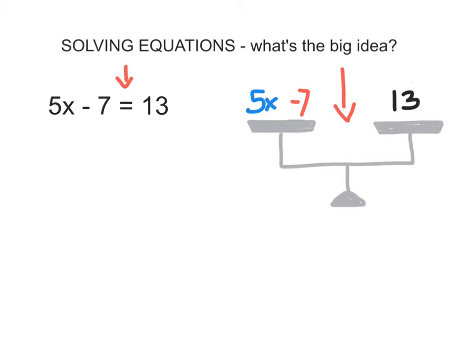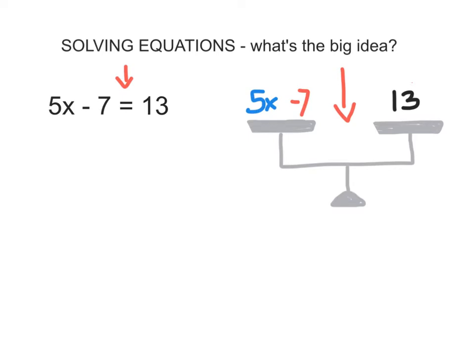To solve for x, we need to get x alone on one side of the equation. We need to find out what the value of 1x is. Since this x right here has 5 being multiplied to it, and then we have -7, or subtracting 7 from it, we need to undo both of those operations.